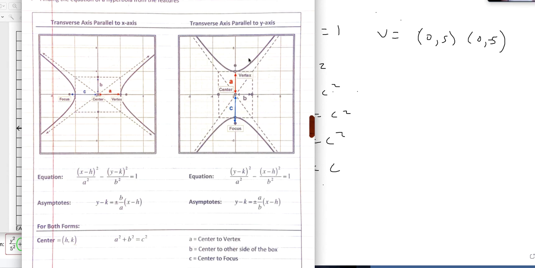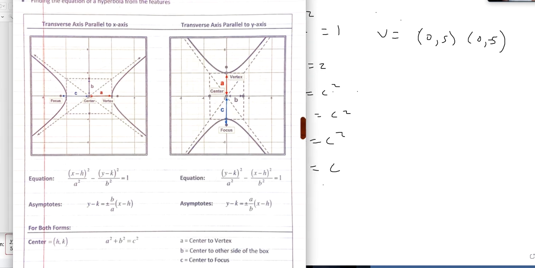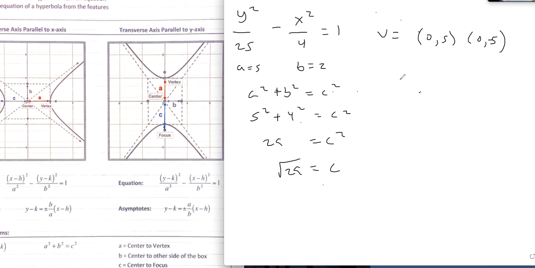So once we have all that, we can then write the equation of our asymptote. Let me just do it blindly from this right here first, and then I'll show you how that makes sense with our graph. So our equation is y minus k equals plus or minus a over b times x minus h. Except in our case, the k and the h are zeros, so that simplifies to y equals plus or minus a over b x.